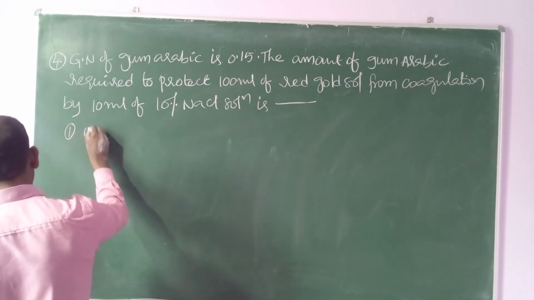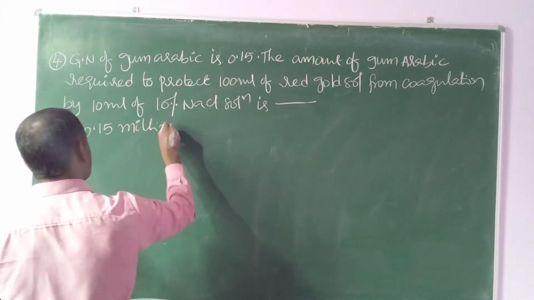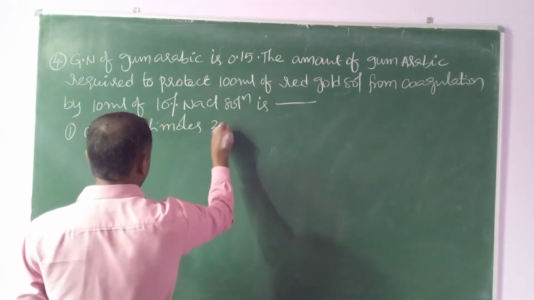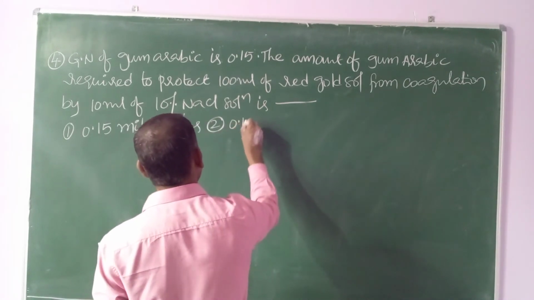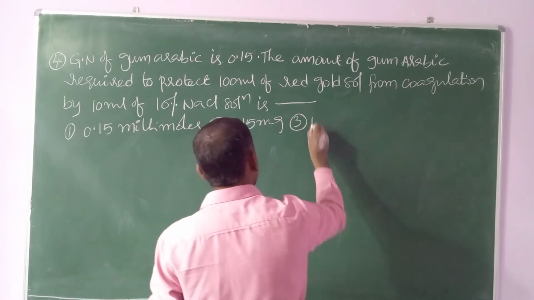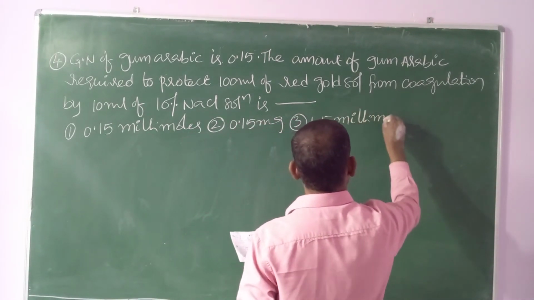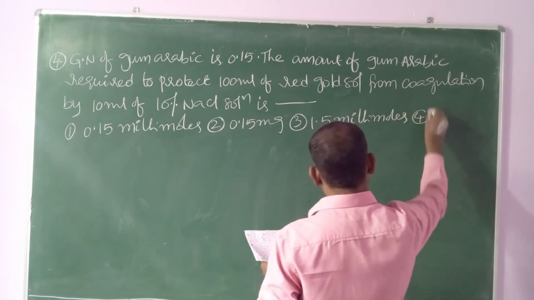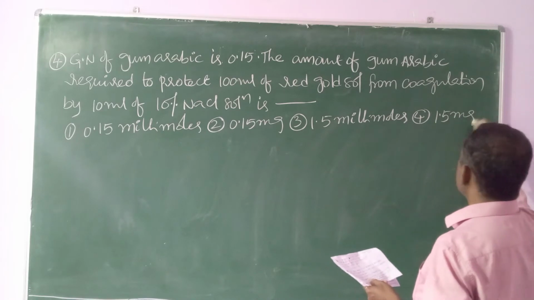First option, 0.15 millimoles. Second option, 0.15 milligrams. Third option, 1.5 millimoles. Fourth option, 1.5 milligrams.